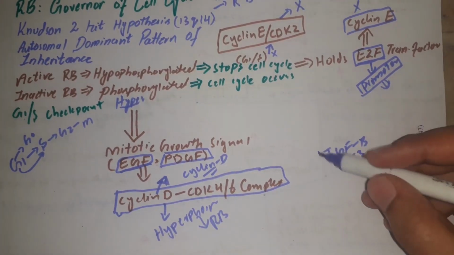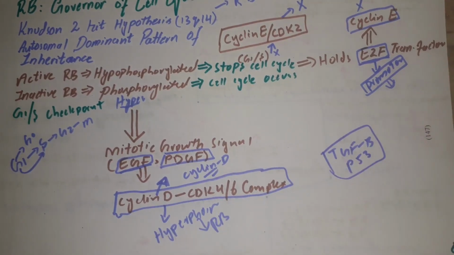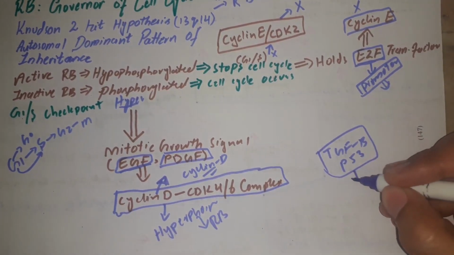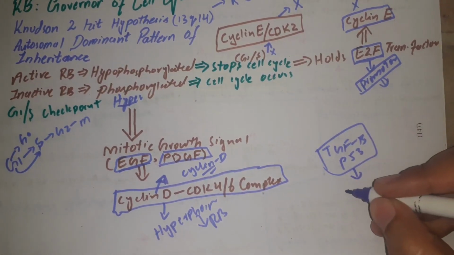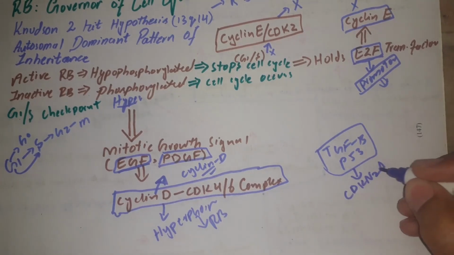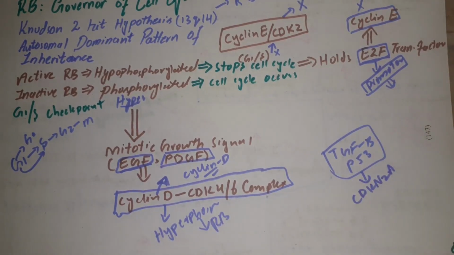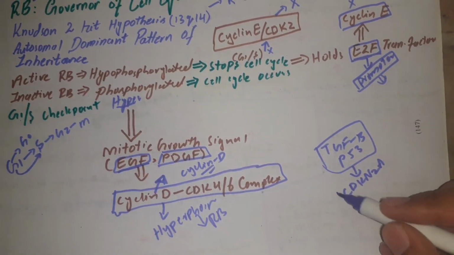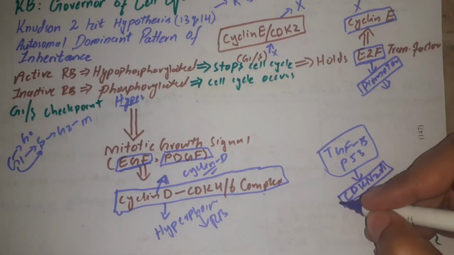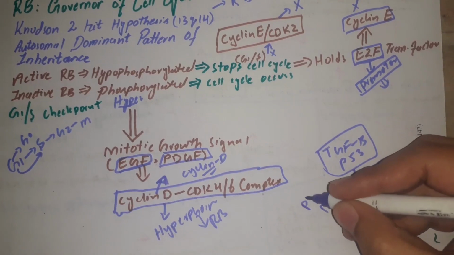Okay, when there are these inhibitory signals, what happens? They activate a gene which is called CDKN2A. Here you can say this is the gene and its product is P16.